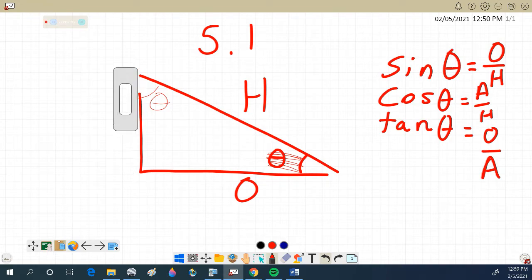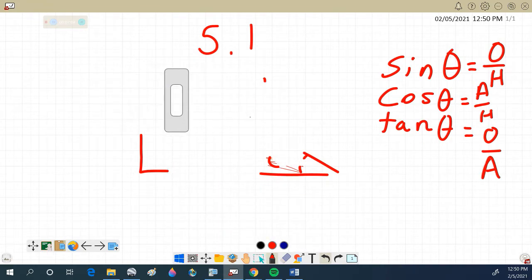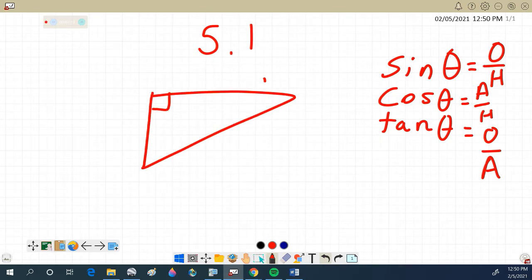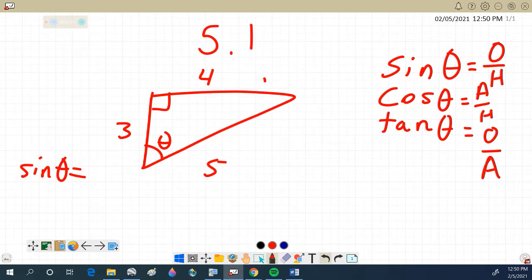What does that mean? Well, let's get rid of these. Let's build a right triangle. Here's my right angle. Let's call this theta. What is the sine of theta? So using this angle here, 3 would be what length? This would be A, 4 would be O, and 5 would be H. Does everybody understand that?